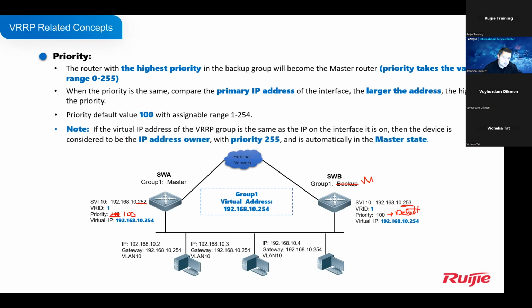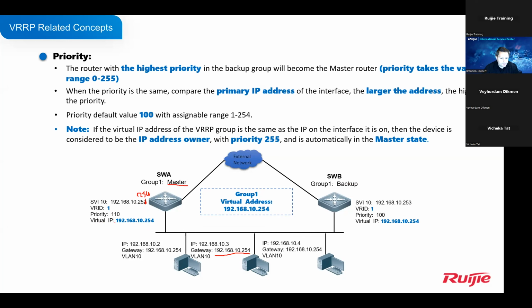Some important thing to note is, let me just clear the writing here. You can physically change the IP address of switch A, for example, to 254, which is the gateway of the network. What will happen if you do this is this switch will be seen as the IP owner.